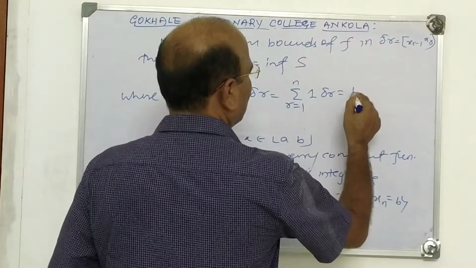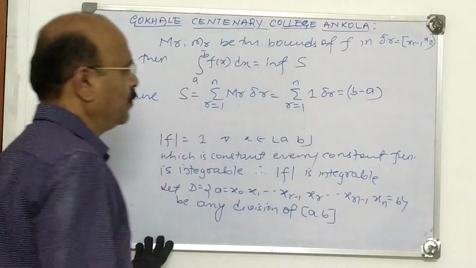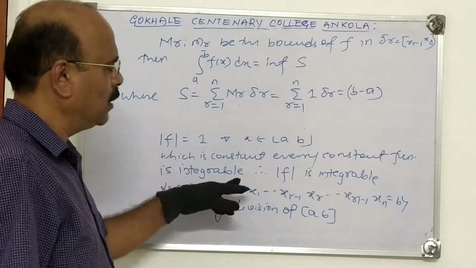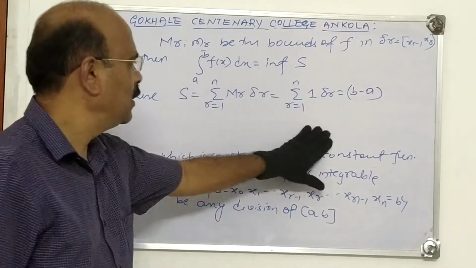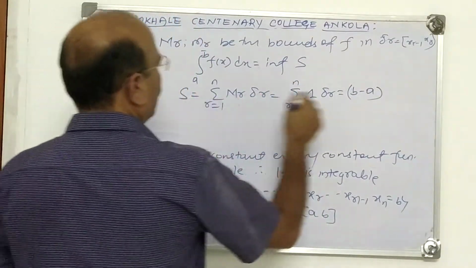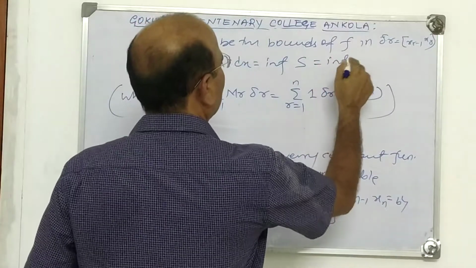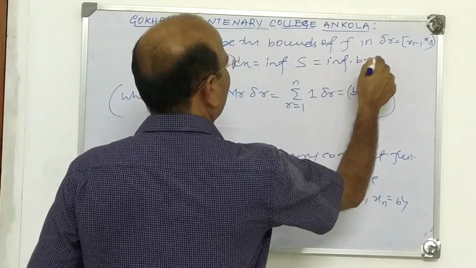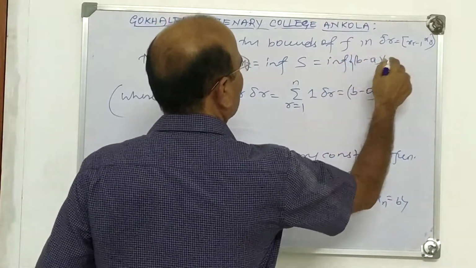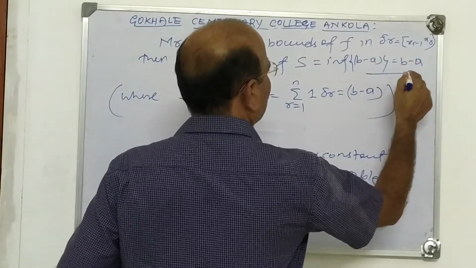So it is b minus a, because sigma delta r is the sum of the lengths of the intervals. So what is the upper integral? It is the infimum of this set, b minus a. So the upper integral is b minus a.